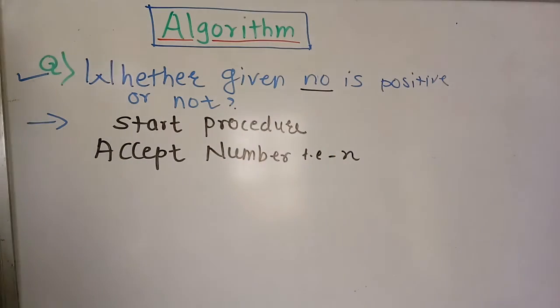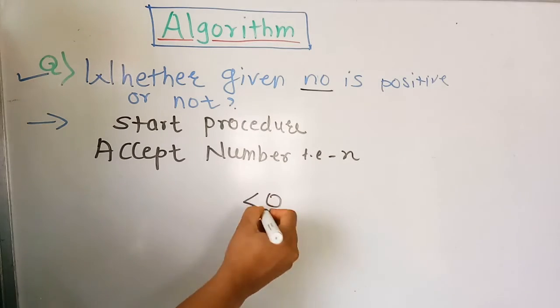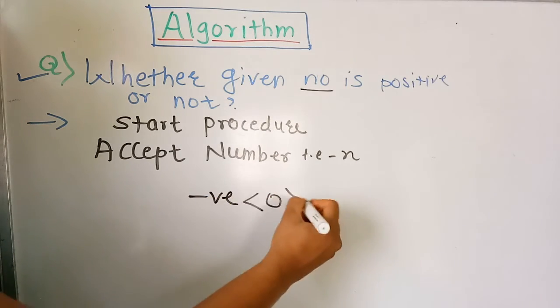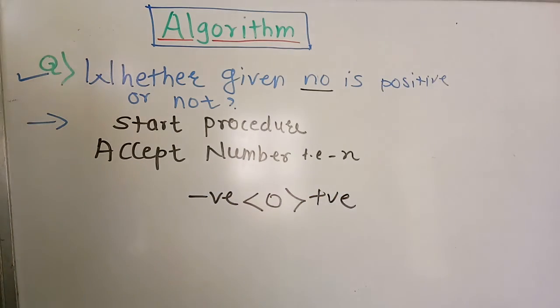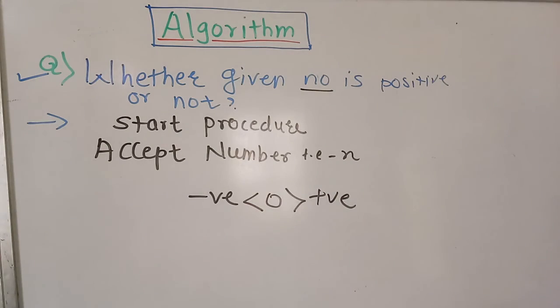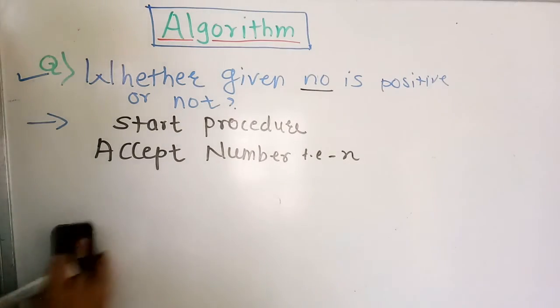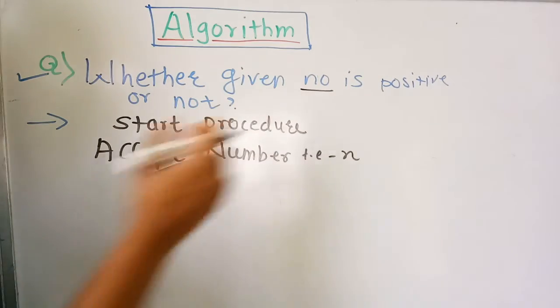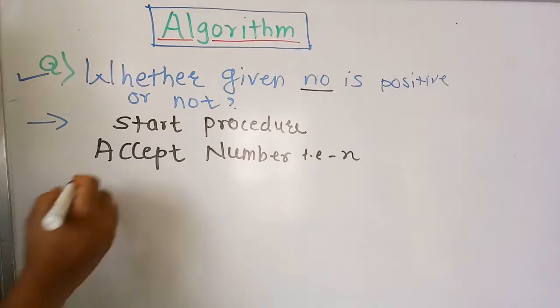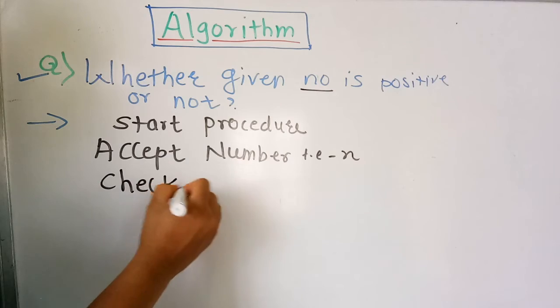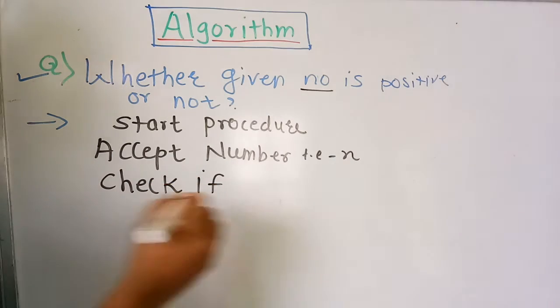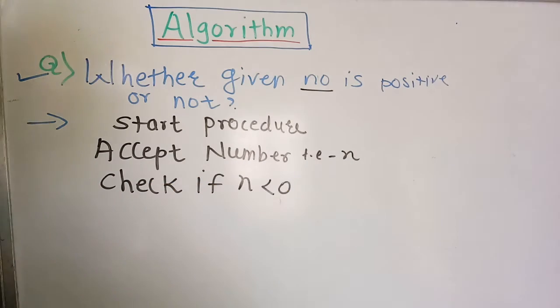As we all know, numbers less than 0 are negative and numbers greater than 0 are positive. So simply apply this logic in plain English terms. That is, we have to check the number against 0. Means how? Check if the number is less than 0?